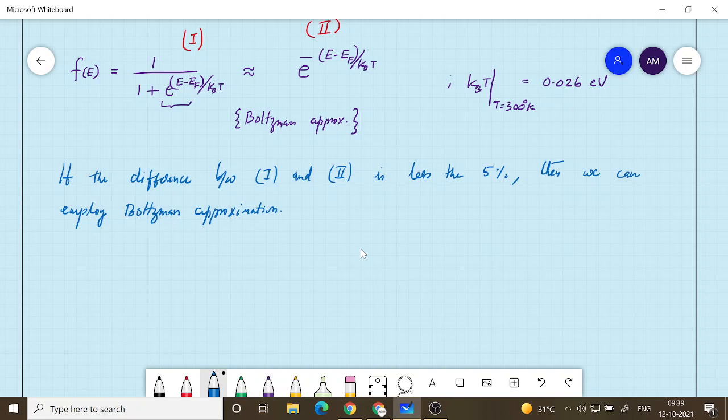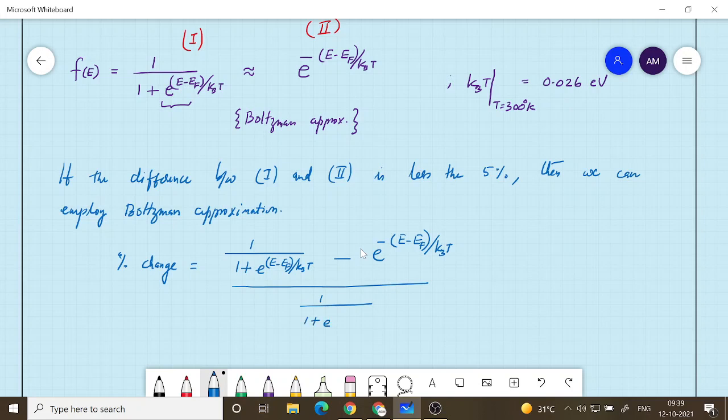So the percentage change is given by 1 by 1 plus e raised to (E minus Ef) by kBT, minus the second expression, divided by the original expression, into 100. What we can allow is a maximum of 5% change.